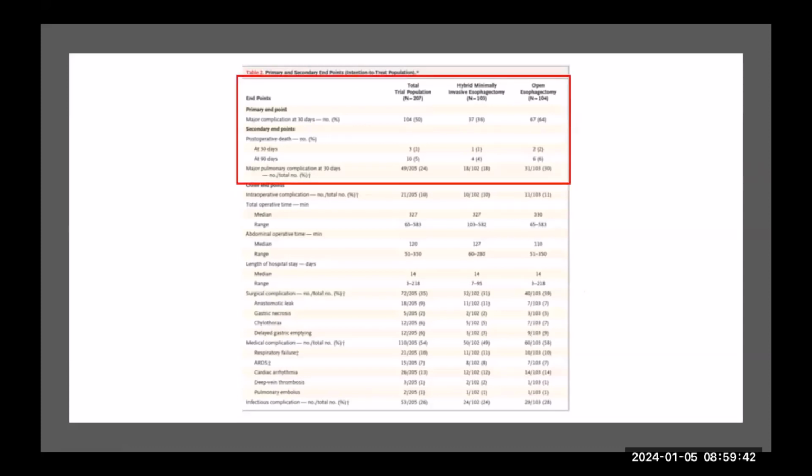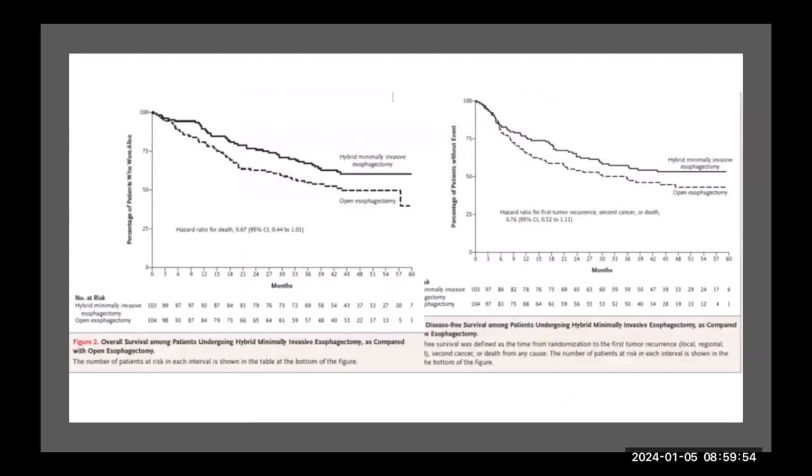Postoperative death at day 30 was only one mortality in the HMI group and two in the OE group. At 30 and 42 months the survival graph separated, but it was not statistically significant.